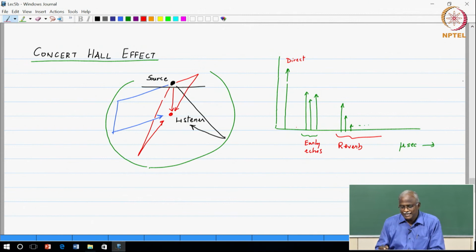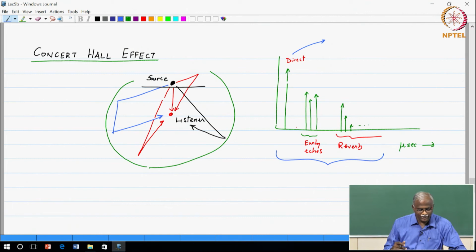If you played only the direct path, that would be just a simple CD player. But if you have an equalizer setting which says concert hall, then you must not play back only the direct one, but the composite signal that we have to develop.